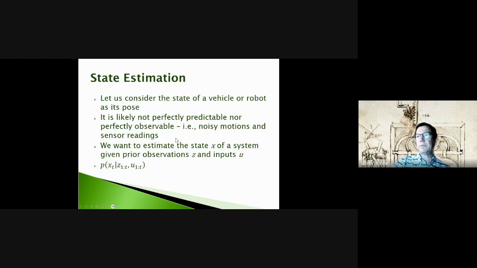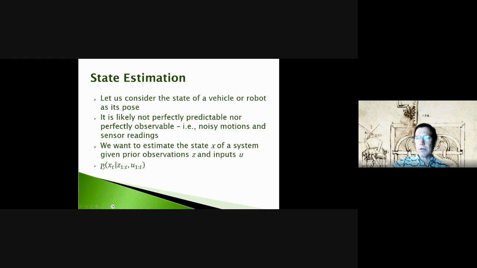So we can describe these as random variables, maybe following some probability distribution function. We want to estimate the state X of a system given prior observations Z and inputs U. I've tried to keep my notation straight, but I've pulled this from a lot of different resources, so you might see some swapping of notation. Sometimes this t is noted as k, since they're typically in discrete steps.